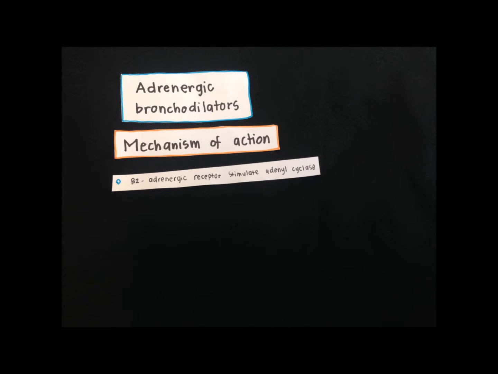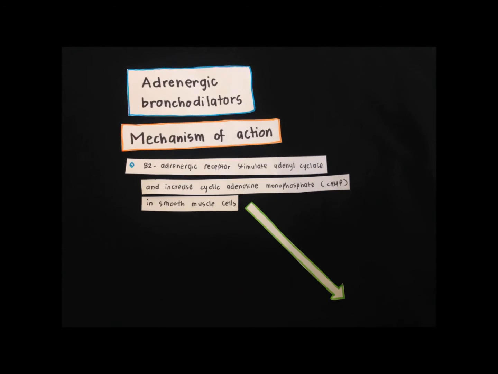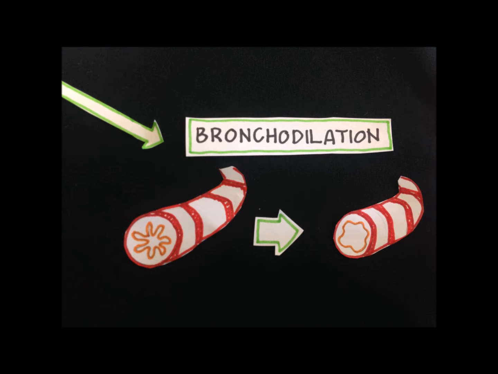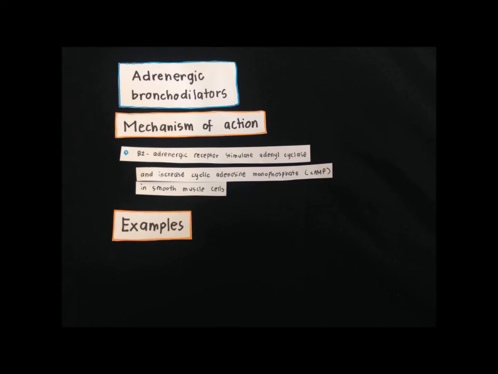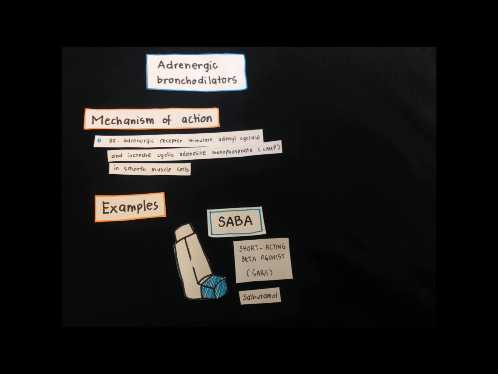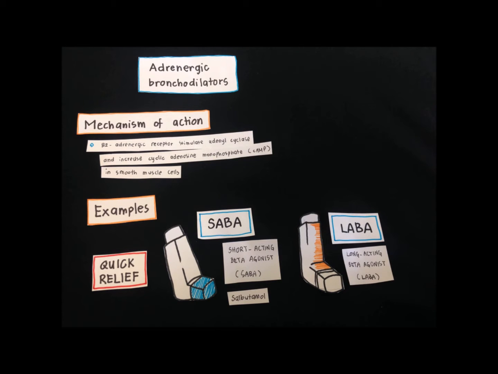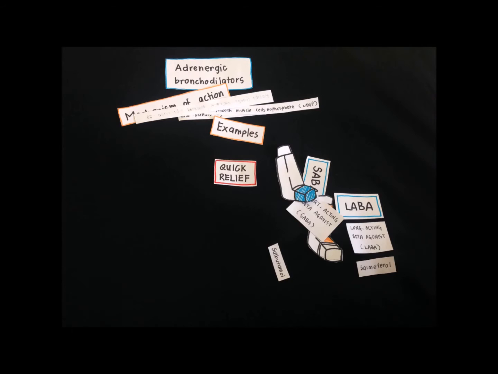Adrenergic bronchodilators act by stimulating adenylyl cyclase and increasing cyclic adenosine monophosphate in smooth muscle cells. Examples are short-acting beta-agonists such as salbutamol for quick relief, and long-acting beta-agonists such as salmeterol.